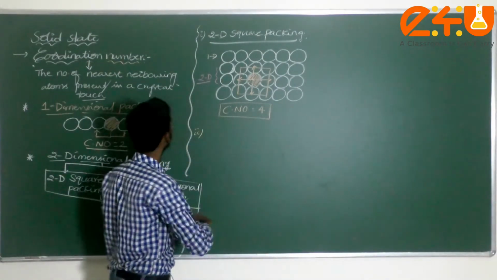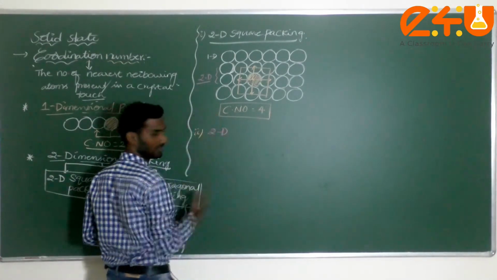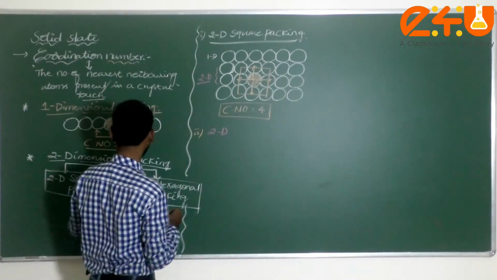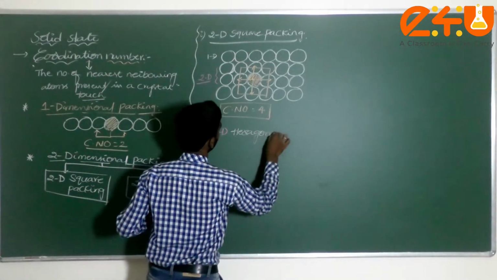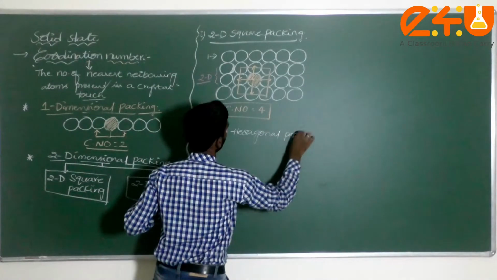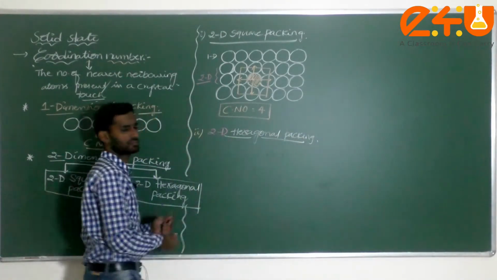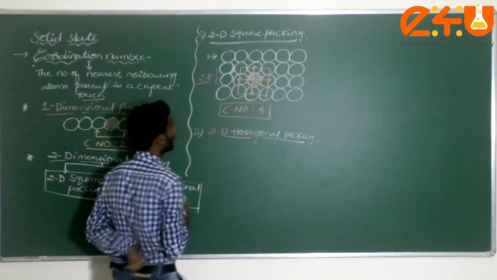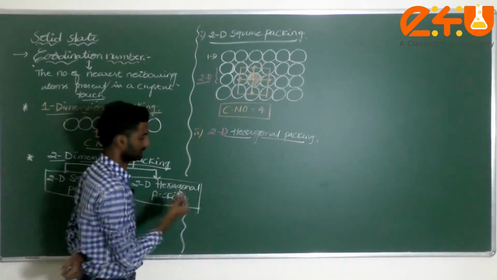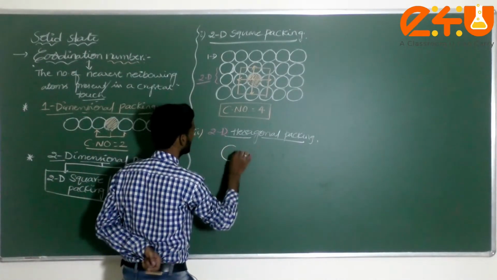Next, I am considering two-dimensional hexagonal packing. What is it, dear students? Two-dimensional hexagonal packing. Now hexagonal close packing also we can consider. Just listen without any confusion, we can take it here.